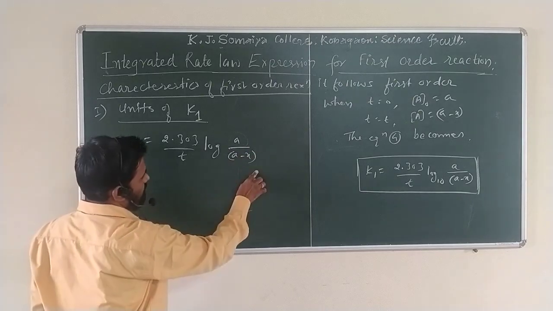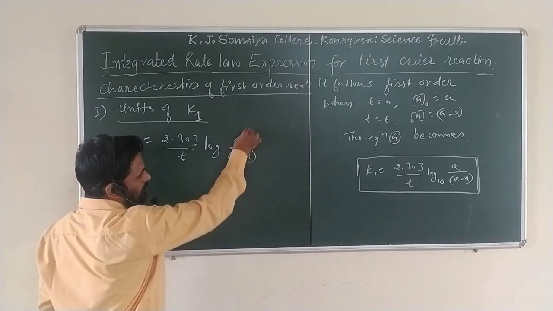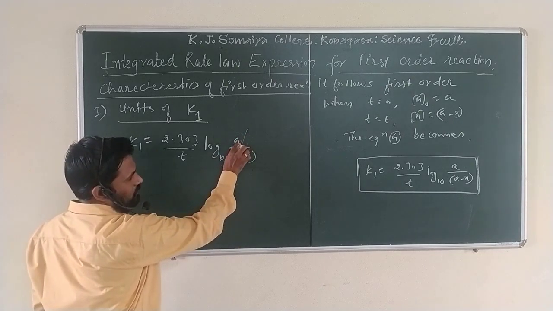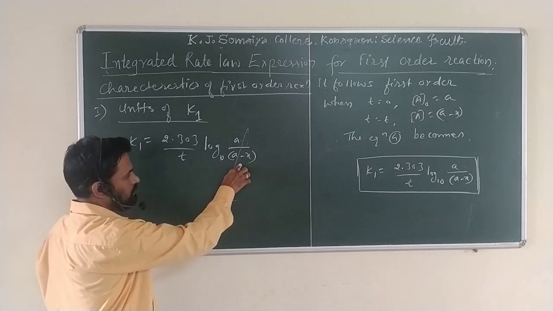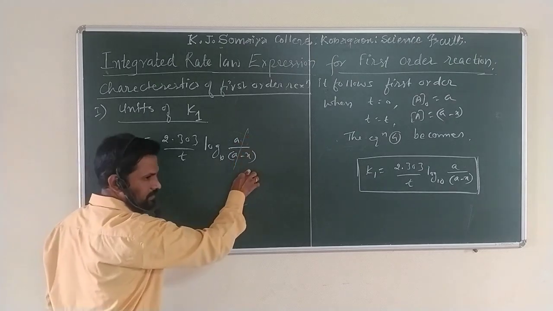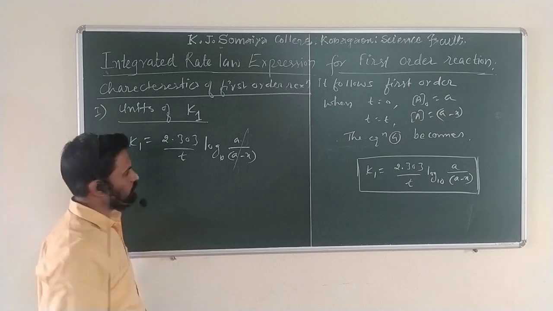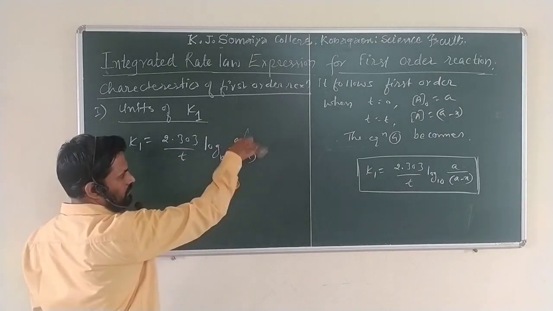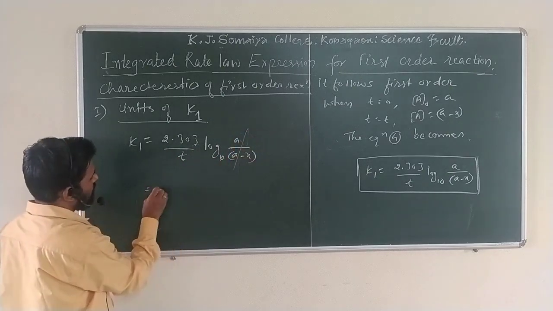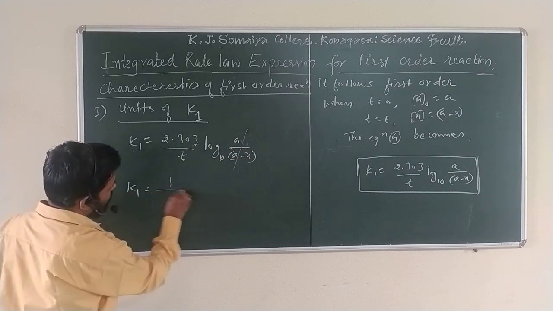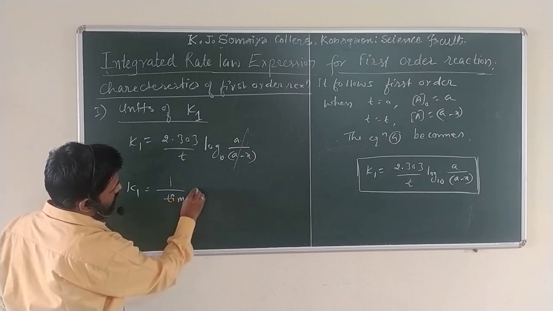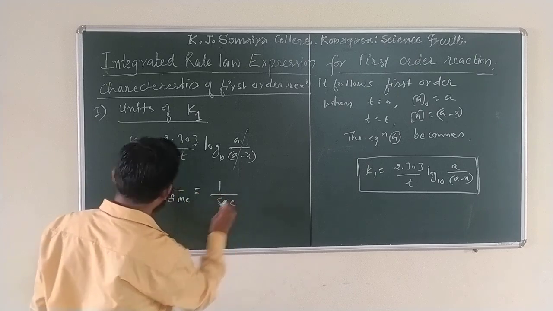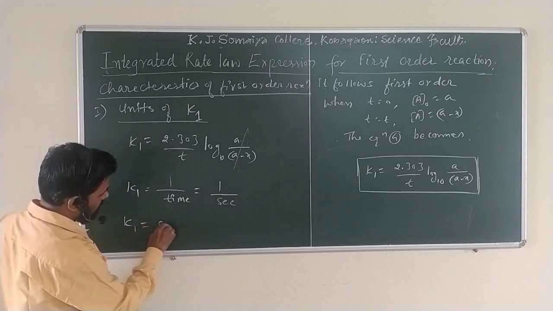Both are concentrations, so they cancel. 2.303 is a constant value and the log value is dimensionless. What remains is time only. Therefore K equals 1 upon time, and as time can be represented in seconds, the unit of K1 is per second.